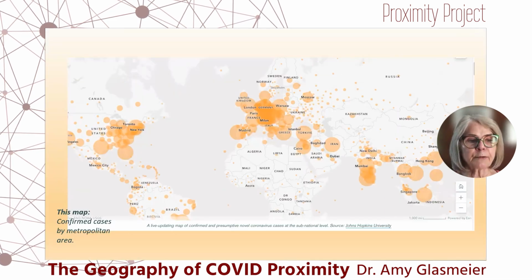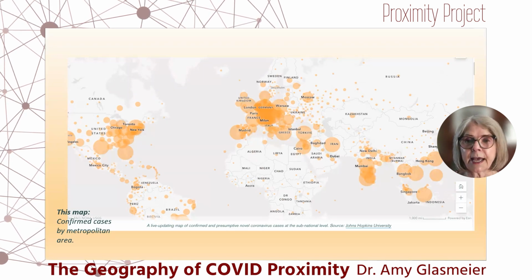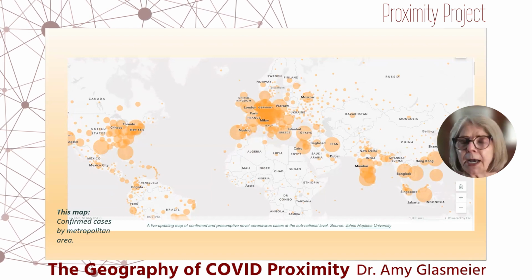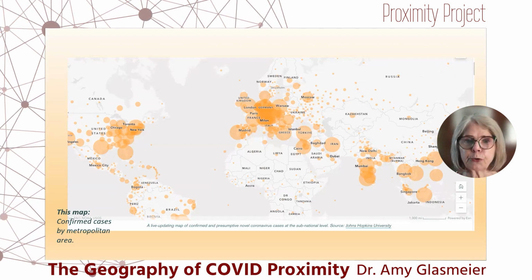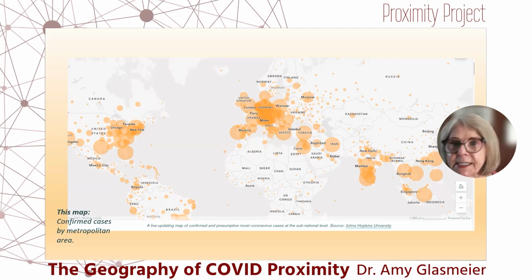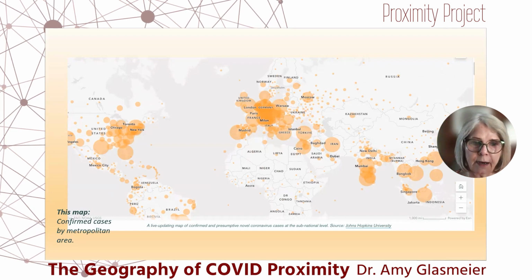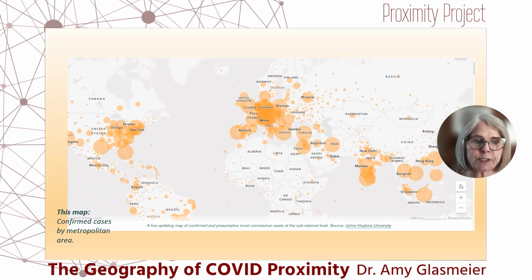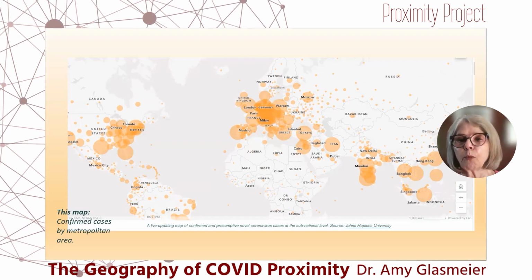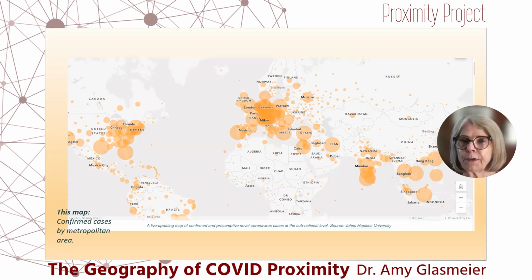This map confirms the cases of COVID by metropolitan area. And over a very short period of time, by May or June, we basically had infected the world. Now you can see that there are really different sized areas in terms of population and metropolitan scale, where we see these concentrations of COVID.